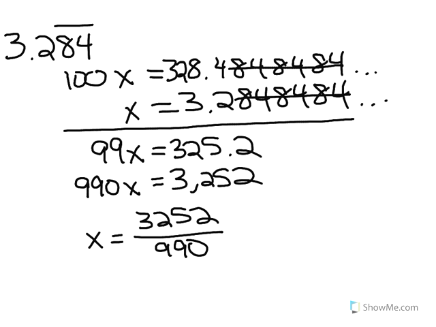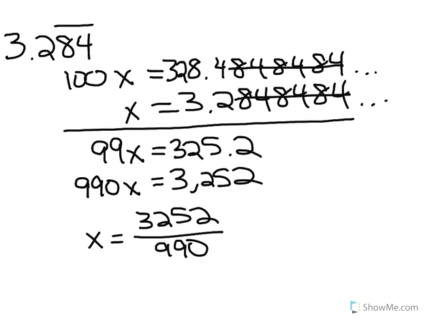Notice that the digits of each, the numerator and denominator, add up to multiples of 3. 3 plus 2 is 5, plus 5 is 10, plus 2 is 12. And in the denominator, 9 plus 9 is 18. Since their digits add up to multiples of 3, these numbers are multiples of 3. If you look carefully, you'll also notice that both numbers are even.